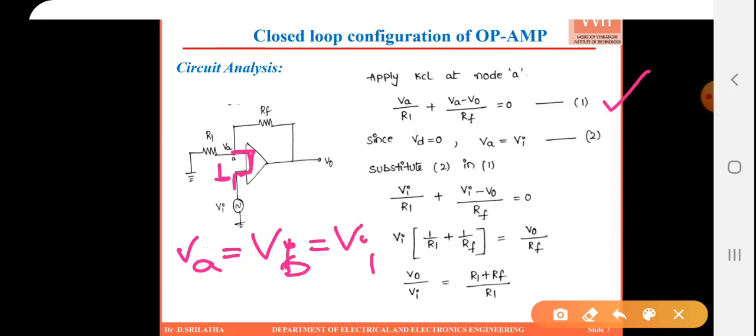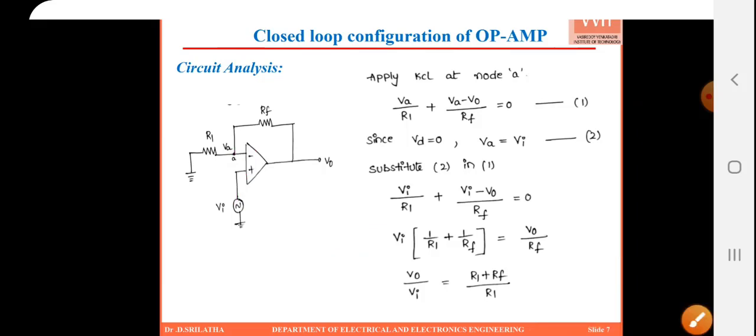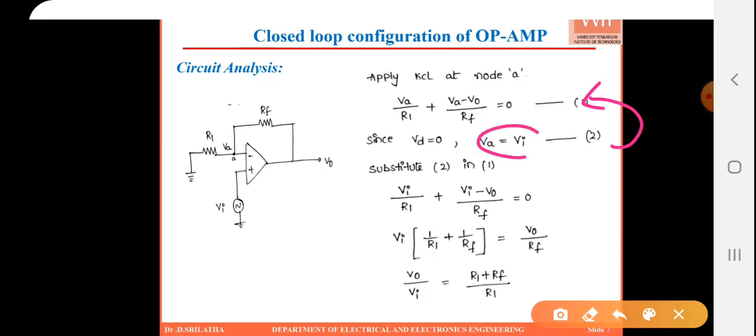Because of this virtual ground, VA and VB are both at equal potentials. Then substitute 2 in 1. After substituting the second equation in 1, instead of VA, put VI. Then we have VI by R1 plus VI minus V naught by RF is equal to 0.